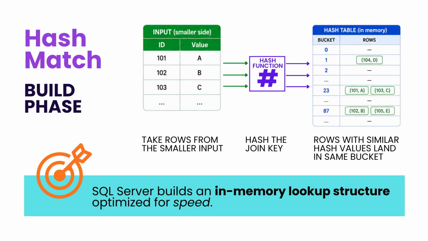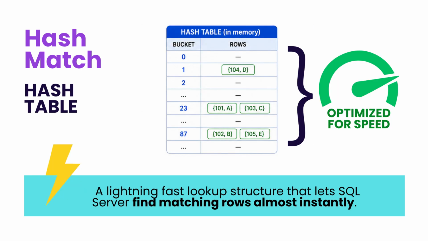It starts off with the build phase. SQL Server takes rows from one side of the join, usually the smaller side, hashes the join key, and drops each row into a bucket. Rows with similar hash values land in the same bucket. By the end of this phase, SQL Server has built an in-memory hash table optimized for speed.